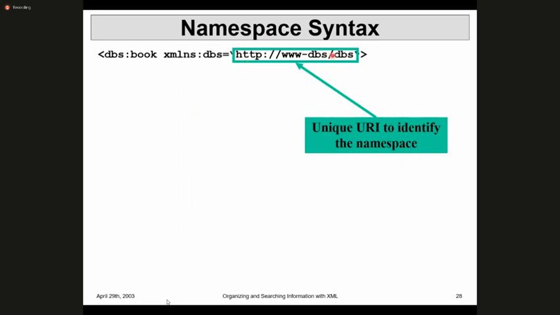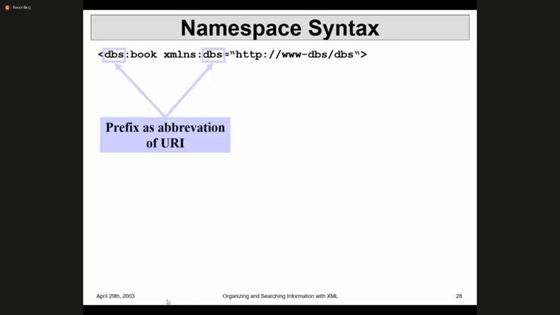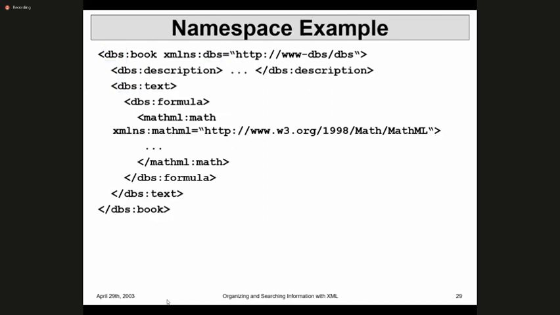In this URL there will be a definition to identify the namespace, and a prefix as an abbreviation of the URI. Now what is the abbreviation of DBS, or how do we identify this DBS? That is defined with DBS as the prefix here, and for the standard as well.